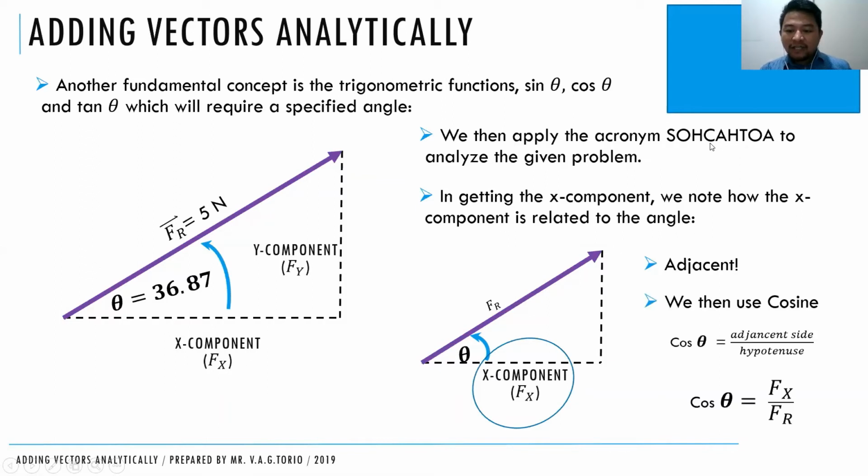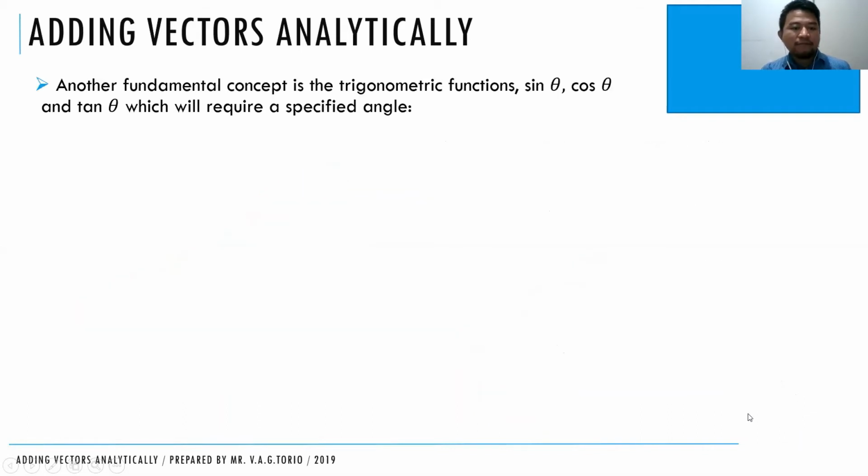And following the cosine theta equation, we have CAH. The adjacent side is f sub x. That's the adjacent side. And the hypotenuse is the magnitude of the resultant force, which is f sub r. We can compute f sub x by multiplying both sides with f sub r. So we can compute f sub x equals f sub r cosine theta.